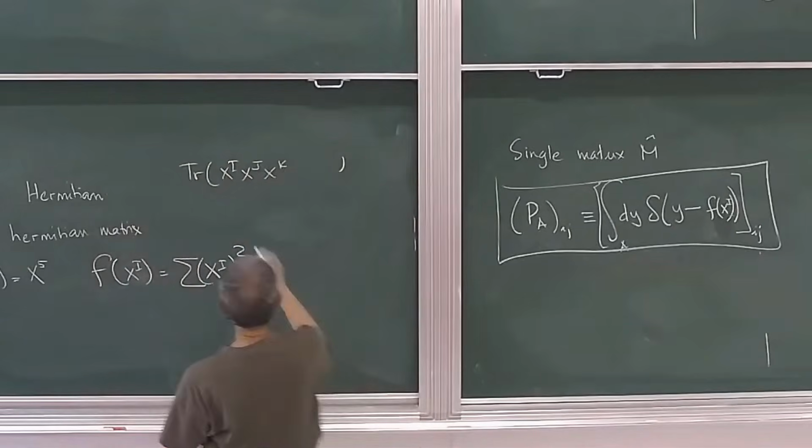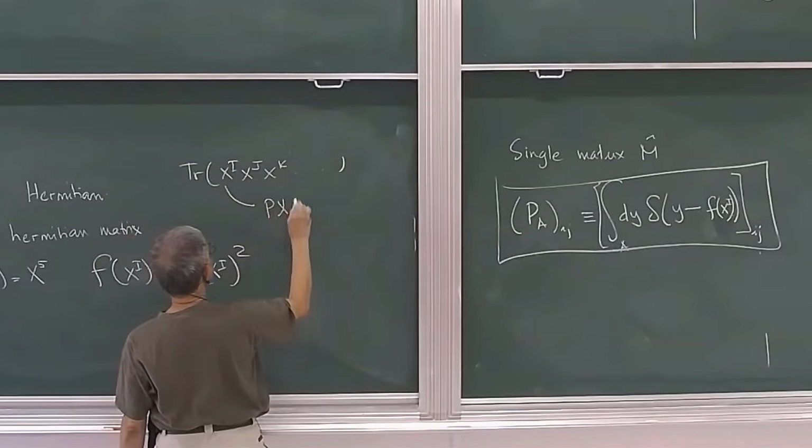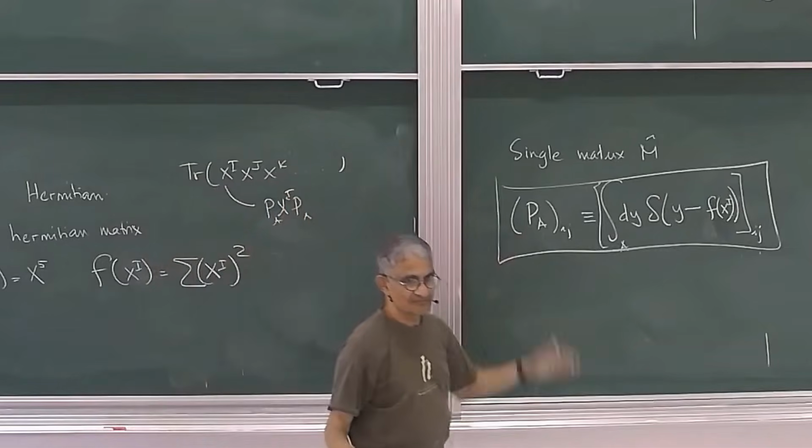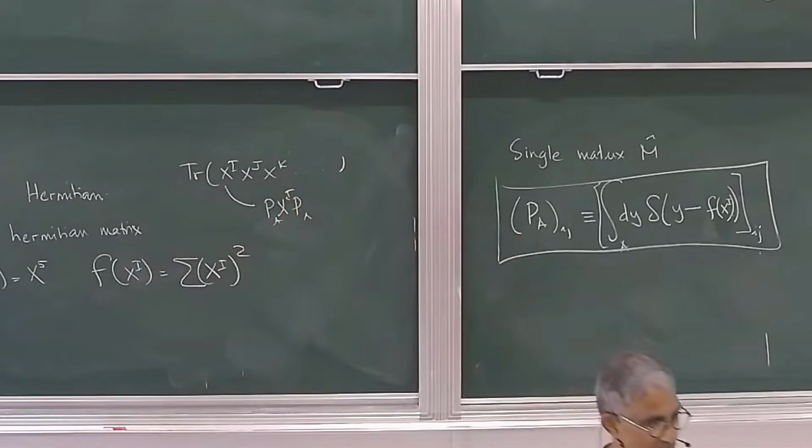And for every X, you replace it by PXP, where P is defined here. Okay? It looks a bit funny. It looks like, in a sense, a very trivial extension of what I did for a single matrix. So what does it mean?